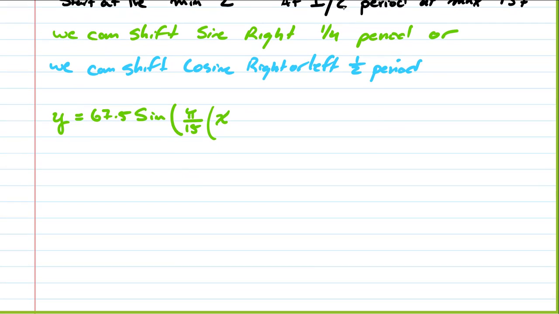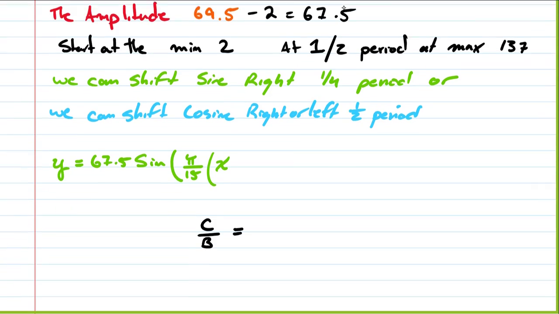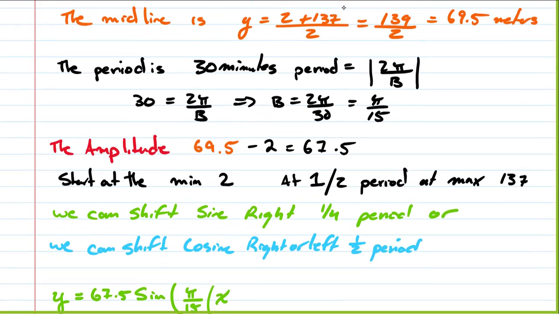So remember, our shift is c divided by b, but we know that shift is a quarter of our period.